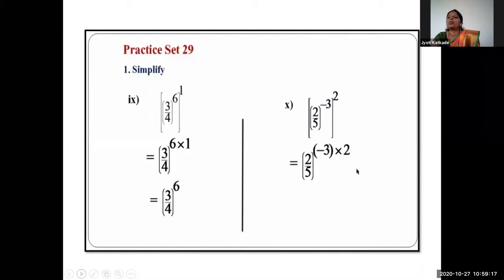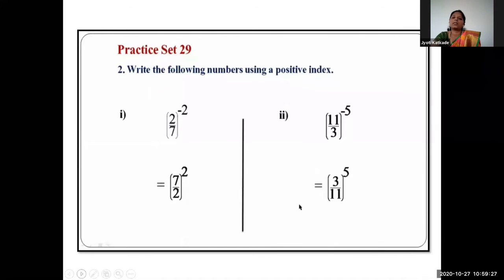Okay. Now, second question from the practice set, see on your screen, that is write the following numbers using positive indices. Second question is from the practice set 29, write the following number using a positive index. Now, if there is index given negative, 2 upon 7 bracket raised to minus 2.